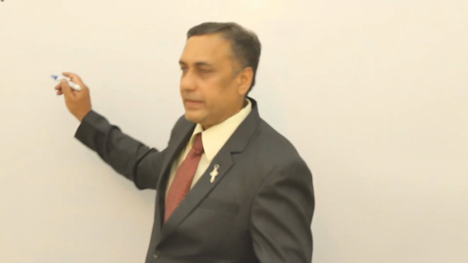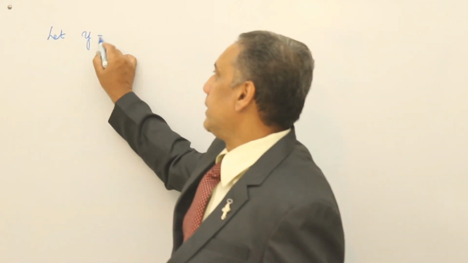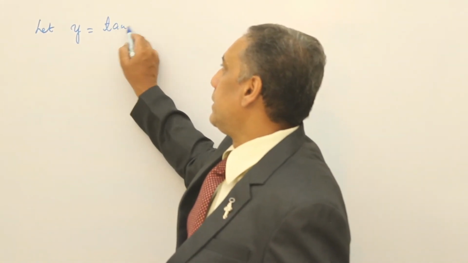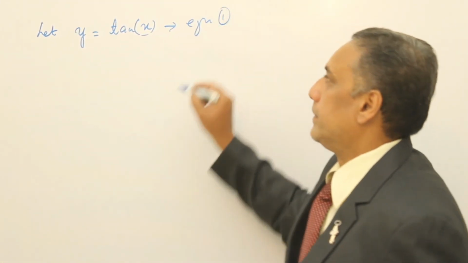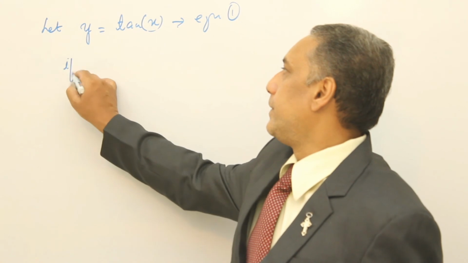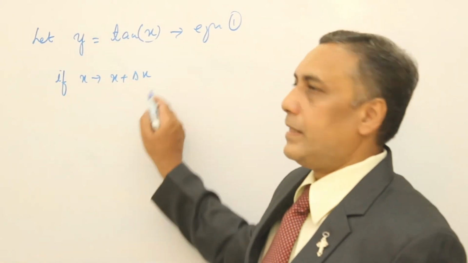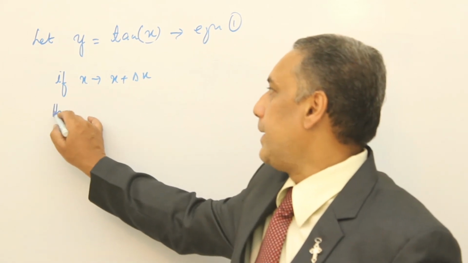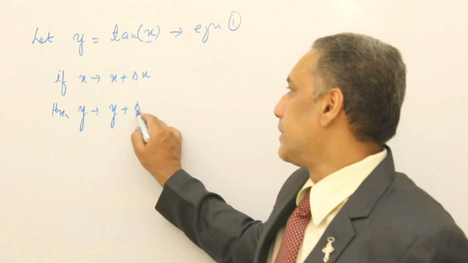Today we'll see the derivative of tan x by first principle method. Let y equals tan x be equation 1. If x tends to x plus delta x, then y will tend to y plus delta y.